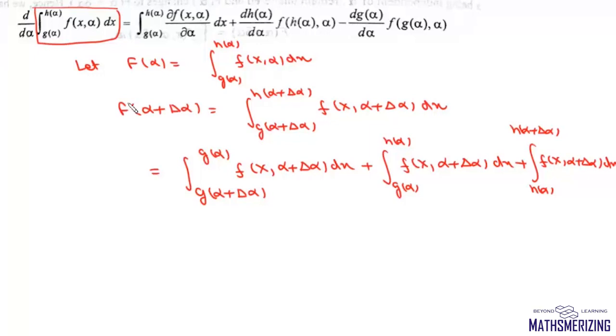Now we'll subtract F(alpha) from F(alpha + delta alpha).